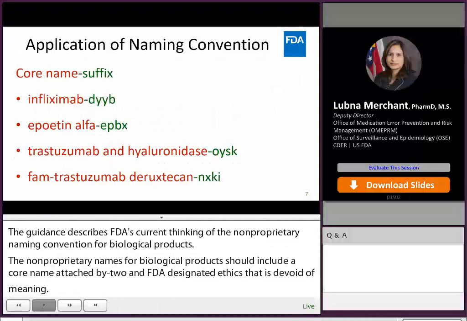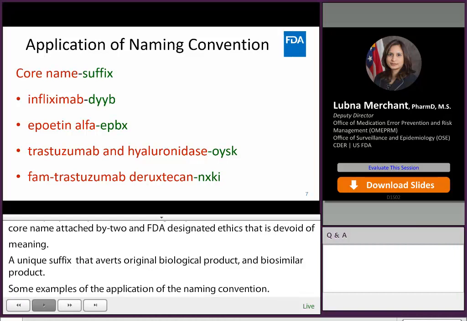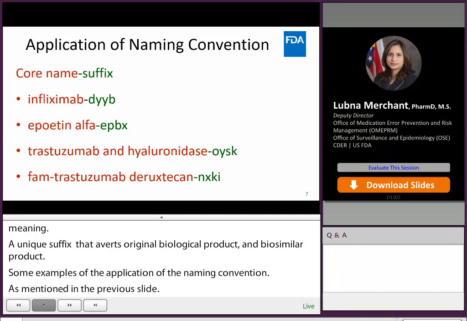So in this slide, I've listed some examples of the application of the naming convention. As mentioned in the previous slide, the non-proprietary name for a biological product is a core name and a suffix attached by a hyphen to the core name. In the first example, the core name is infliximab, and we have the suffix dyyb attached by a hyphen to the core name.